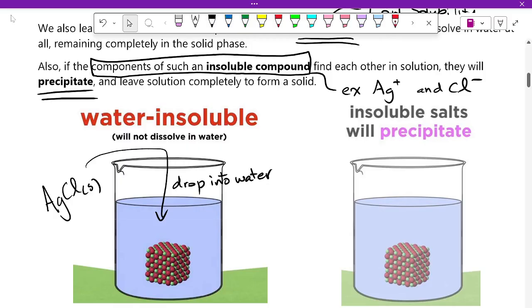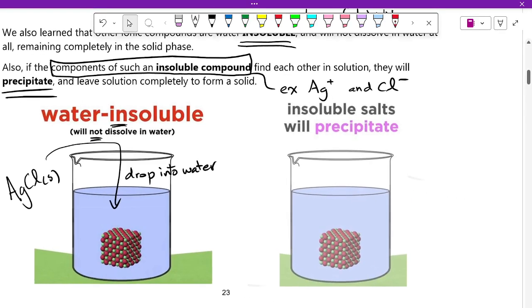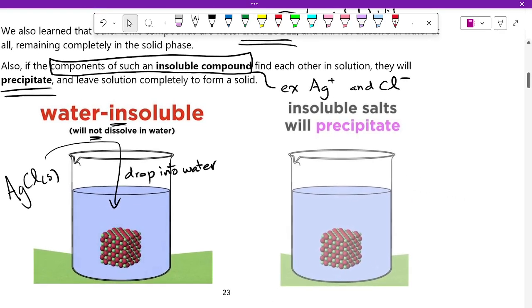That's what it means to be insoluble. But if we were to take Ag plus and Cl minus, now I cannot take Ag plus and Cl minus. There's no such thing as a jar of silver nitrate. How could I get my silver plus ions, my Ag plus ions?